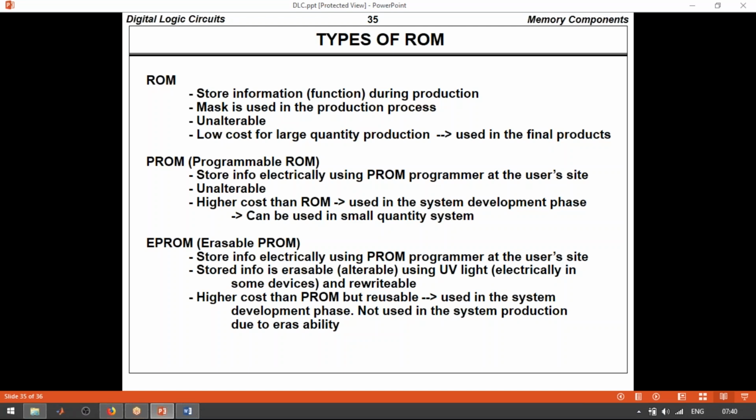But if your production is more, then the cost is less. And inside the PLD we are considering the PROM. In PLDs, yes, one form of PLD is PROM.